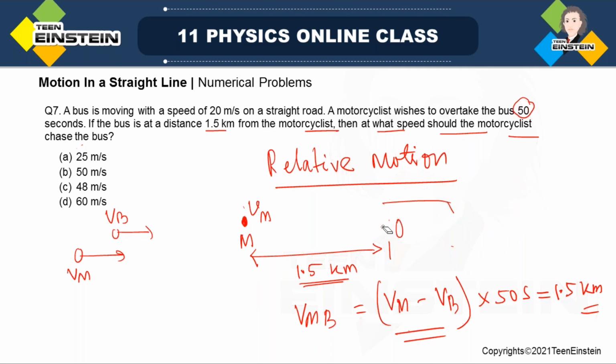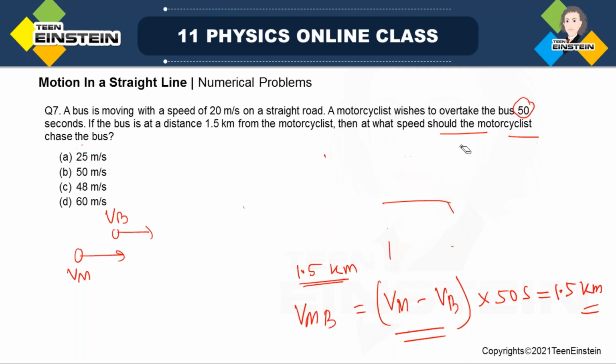Okay, so let us solve the problem. The numerical part we will do. I hope you have understood the concept. First you have to find out the relative velocity of the man with respect to the bus, which we have written as Vm minus Vb.